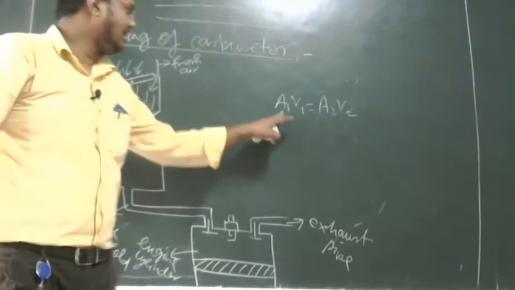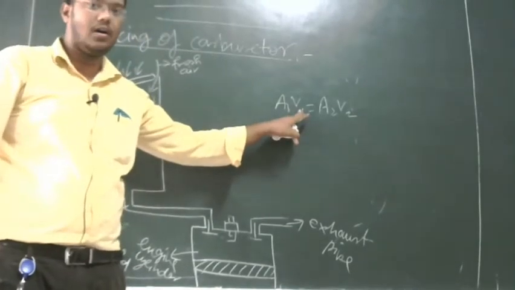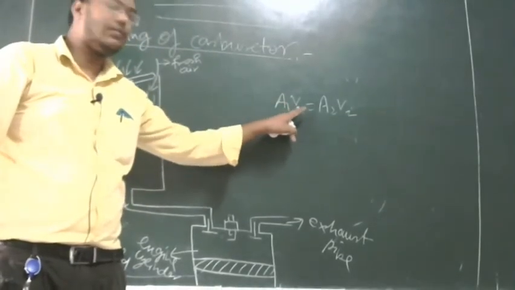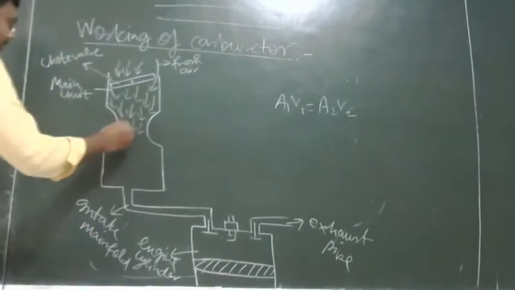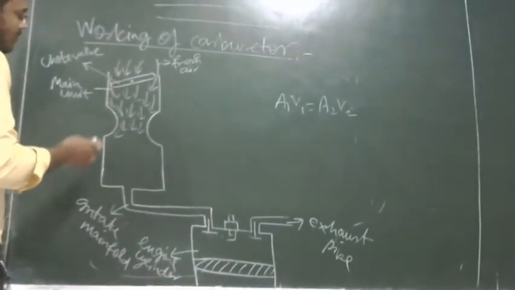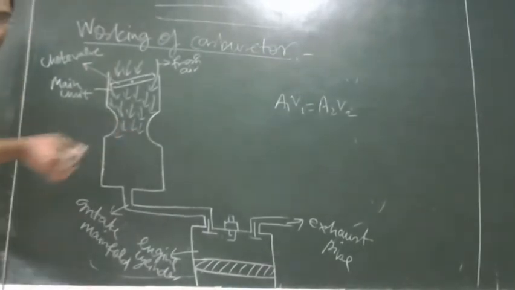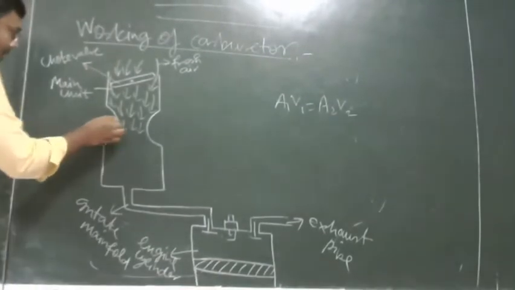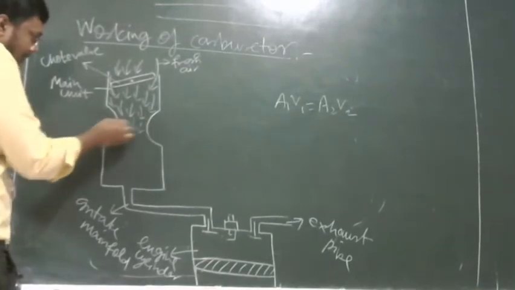So if area increases, velocity decreases, and if area decreases, velocity increases. So velocity of air will be maximum where the area is minimum.